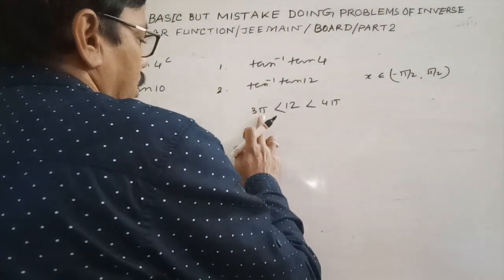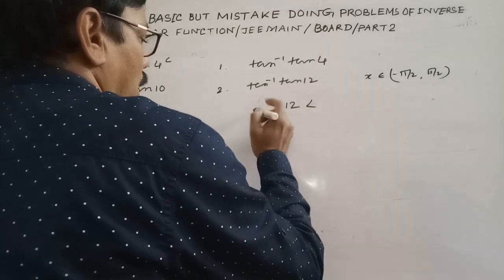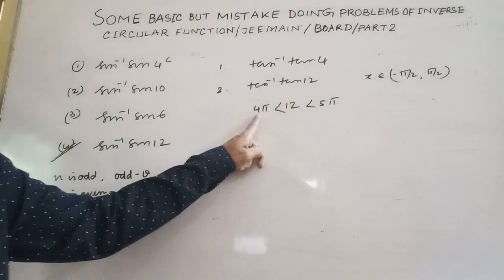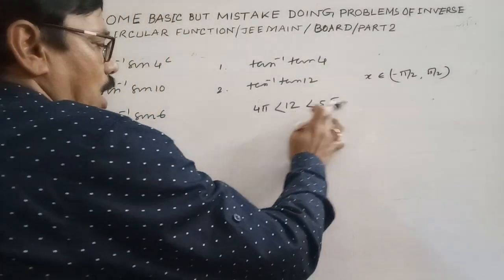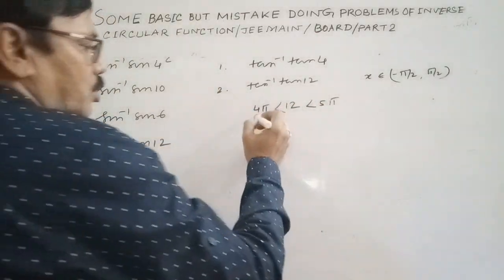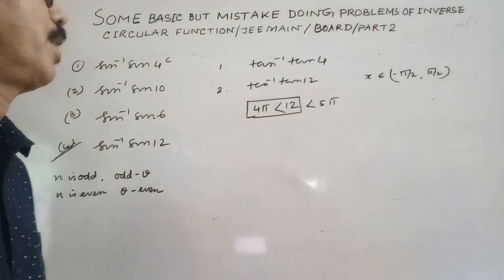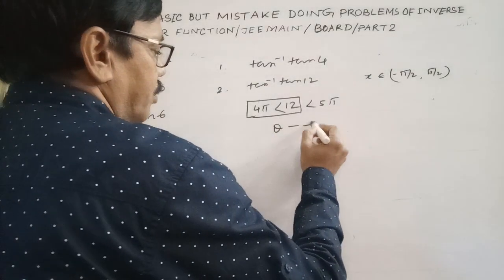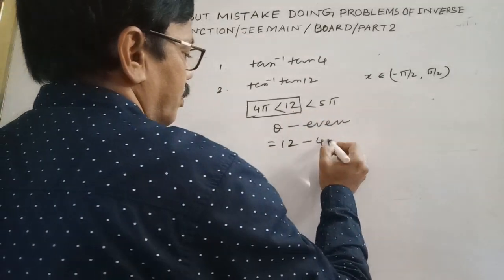So look, this will be 4 pi to 5 pi. Now this is 15 point something. This is 12. So the difference is approximately 3 and this is less than 1. So this difference is small. Now 4 pi is even. So the answer is theta minus even. So what is theta? This angle, 12 minus 4 pi.